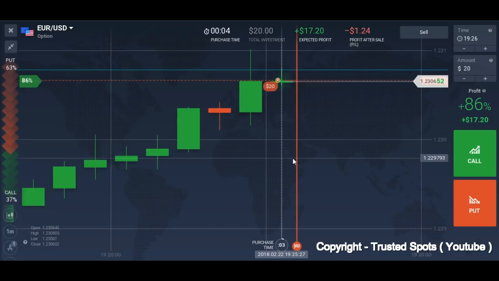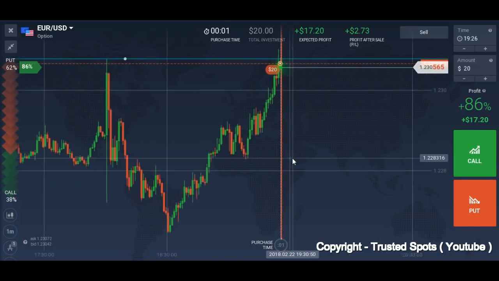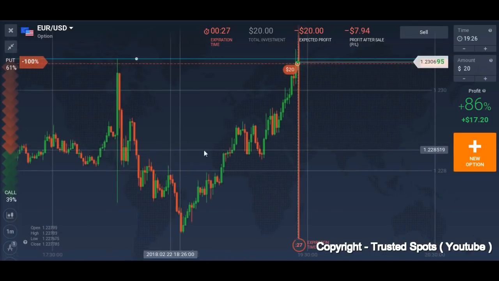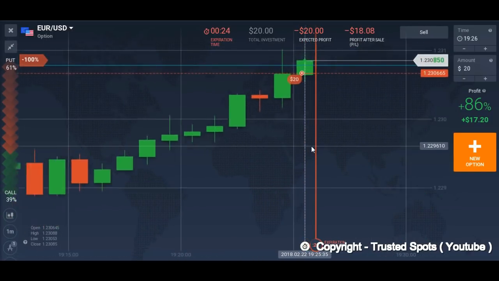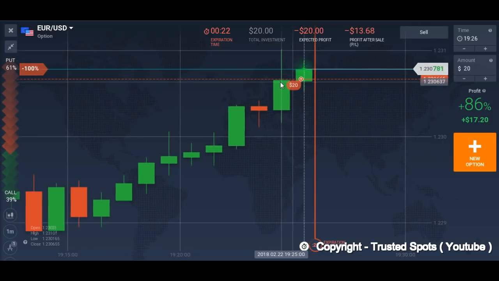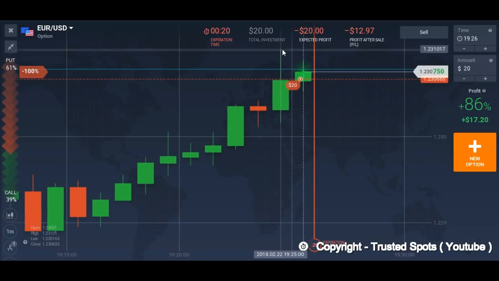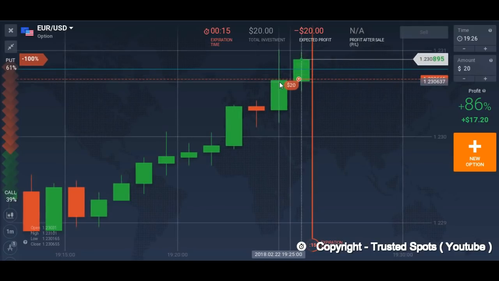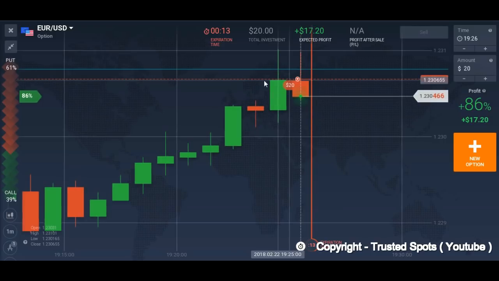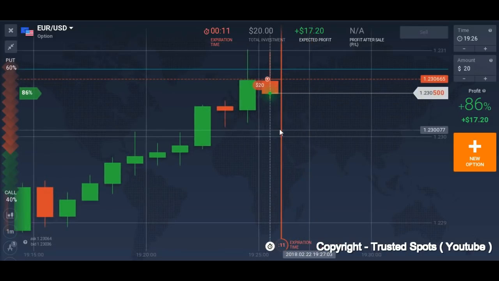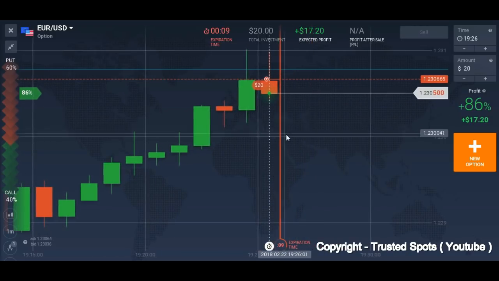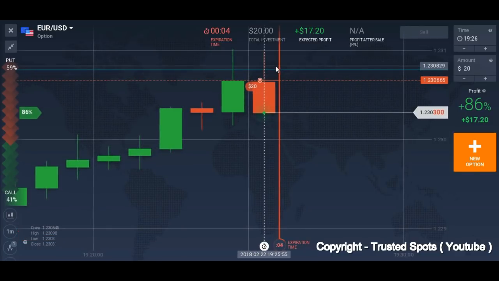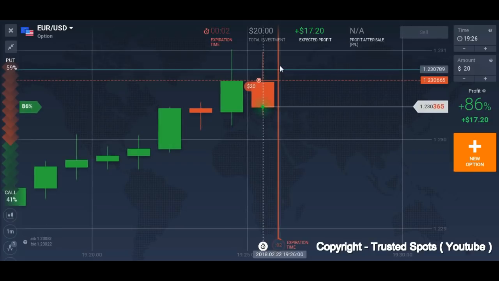So now we have placed our trade. Let me explain why I placed this trade. First, this was an extreme level, which is a sign that the market will reverse from this level. Second, this candle tried to break this level but closed below the extreme level, which is again a sign that the market is not going to cross this level. Third, I waited for the market to hit this level again and give us a proper rejection, which it did, and we got the confirmation.